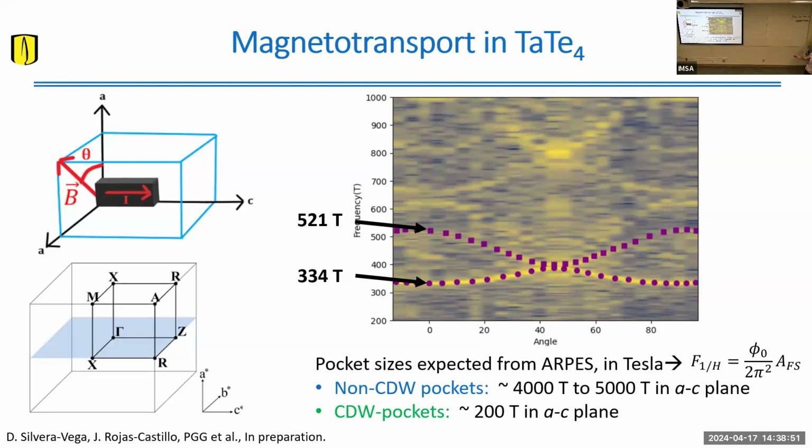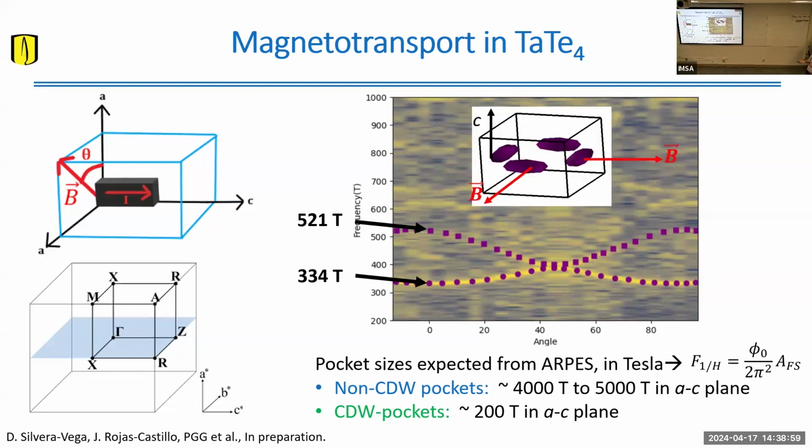So we first of all recognize this path of evolution, and this comes from the same set of pockets. I told you that if you have one set of pockets, you can have many different paths for this evolution. The predicted Fermi surface from our DFT calculations predicts this nice set of pockets, and the evolution in this plane of rotation is consistent with the evolution that we see here.